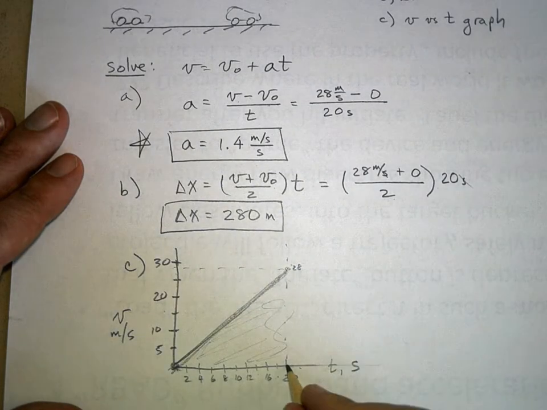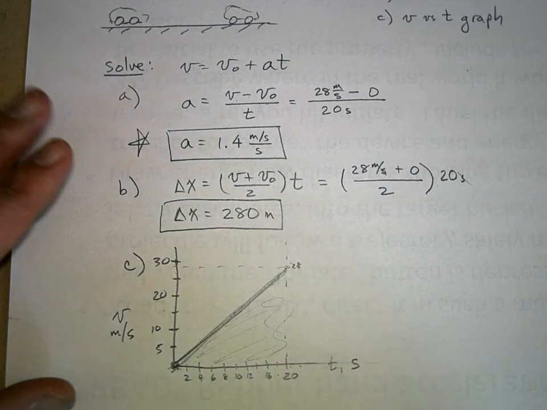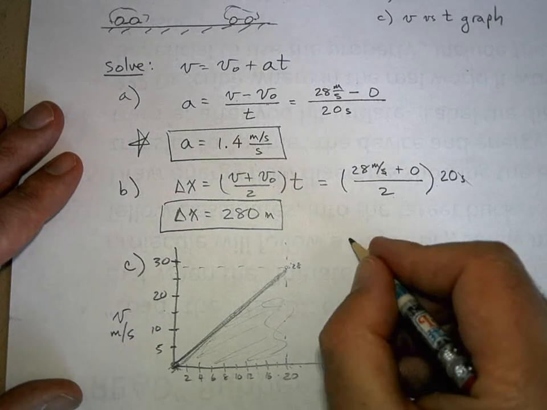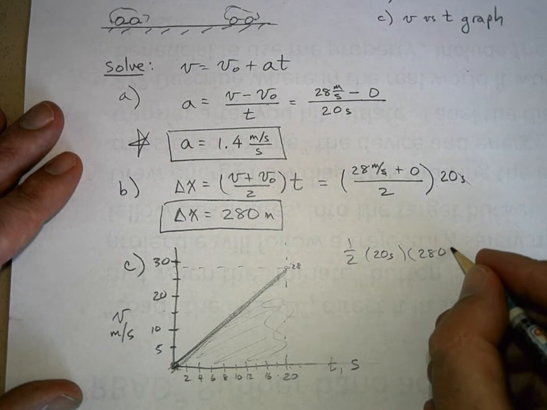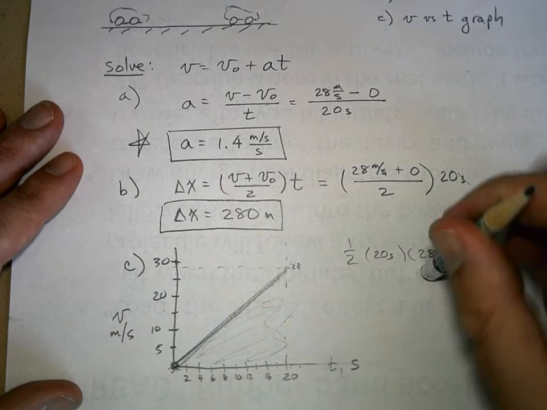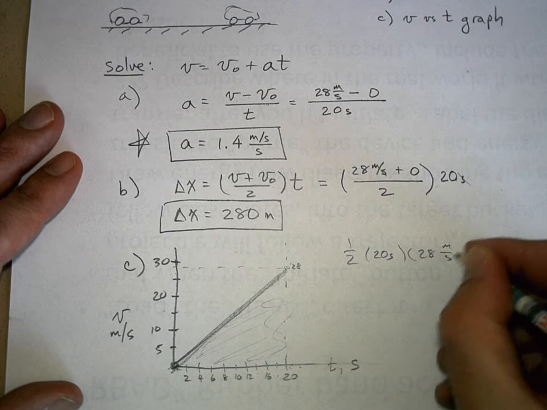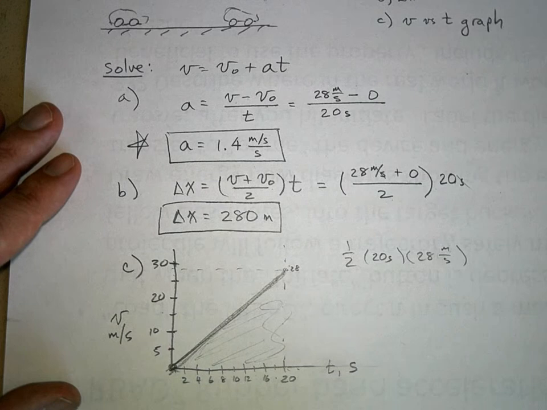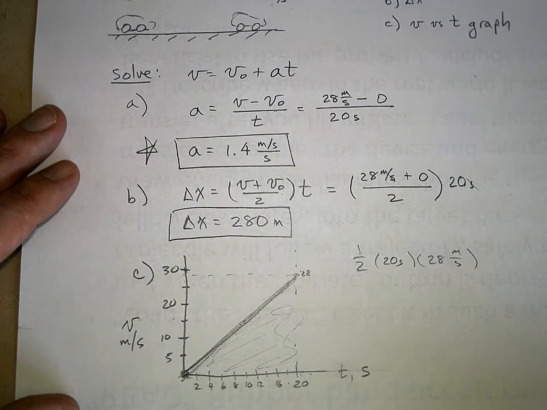So if you go 20 times 28, let's see, 20 seconds, it's 1/2 the base times the height. You get 280. So that works. So we're done with problem number 1.